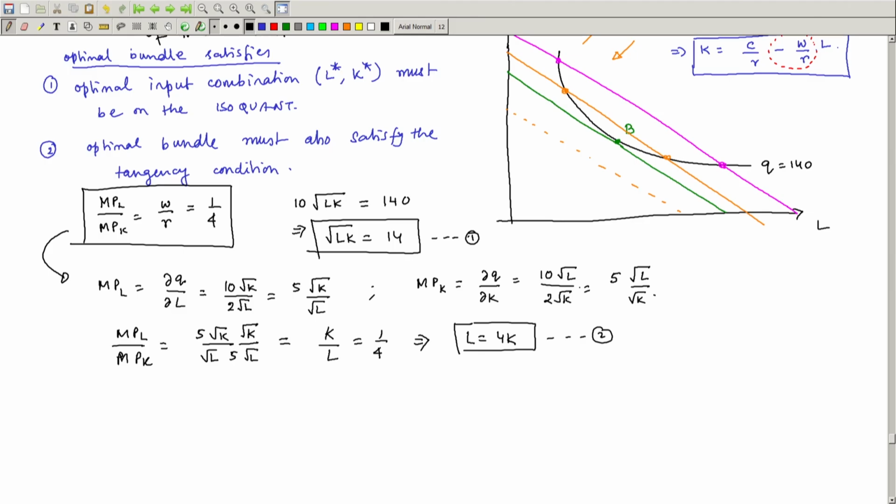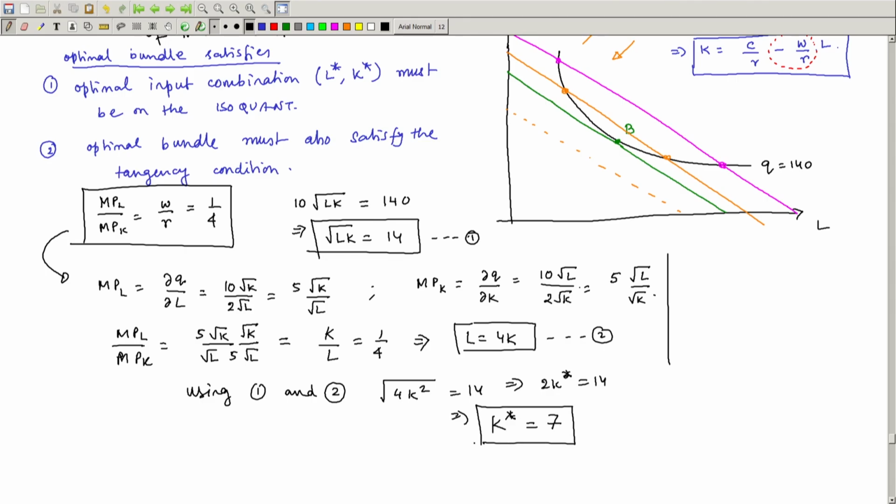Now that I have two equations and I am solving for two unknowns, we can very easily do that. Using equations 1 and 2, the square root of LK, I will replace the L as 4K, so I will have the square root of 4K squared equals 14, which means 2K star equals 14, which means that the optimal amount of capital that I will use is going to be 7 machines or 7 units.